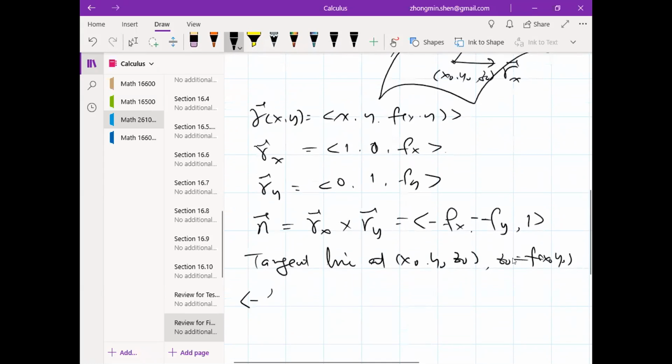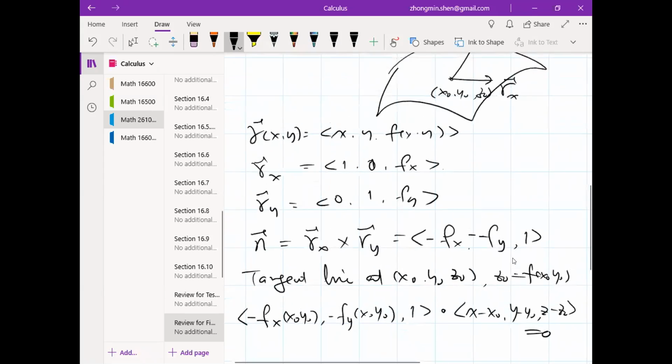First of all, the normal vector dot product (x minus x naught, y minus y naught, z minus z naught) equals 0. It's the same idea. So I just give you the formula. If the surface is a graph of some function, this is what you get.